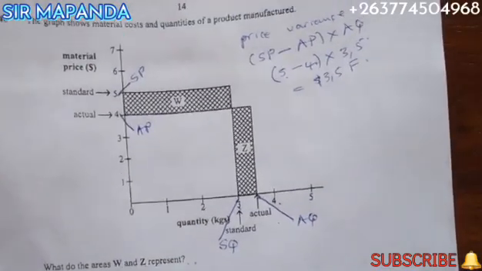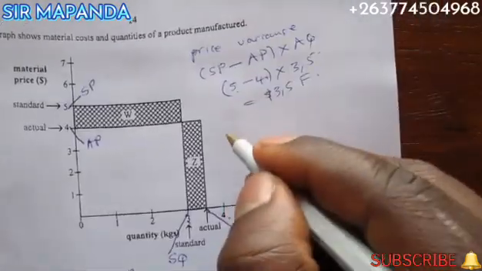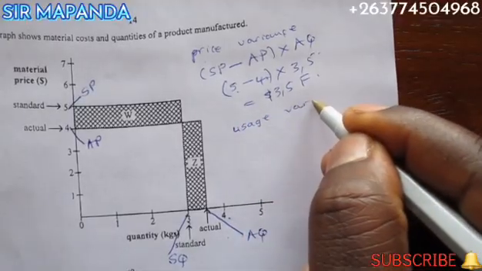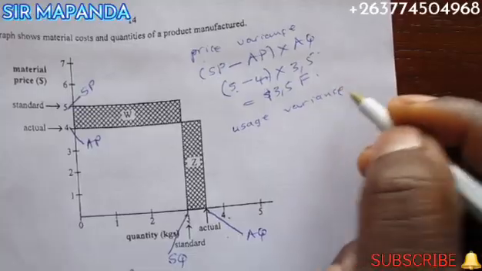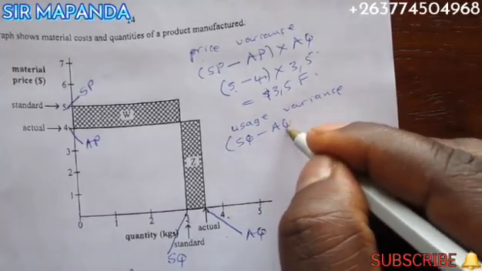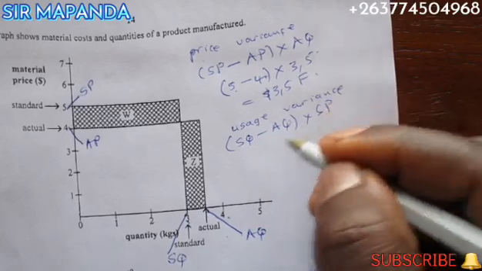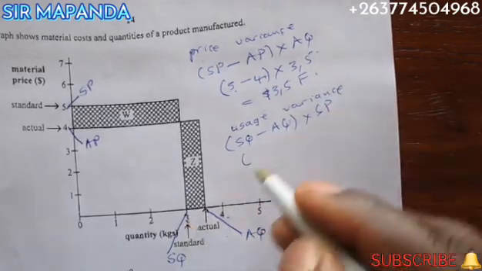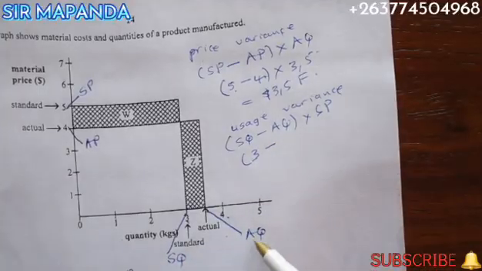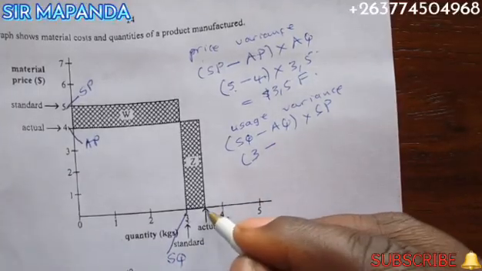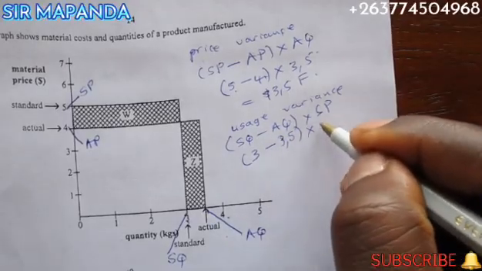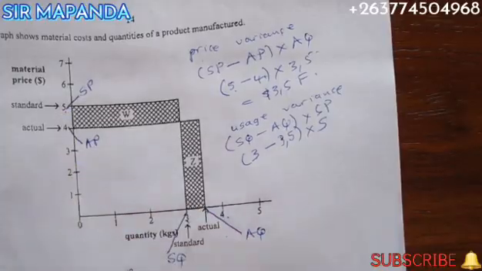Right, we now want to calculate Z. Z is going to be calculated by the usage variance formula. Right, so this is SQ minus AQ times SP. Our SQ is 3, you write 3, minus our AQ is 3.5, so you write 3.5 for AQ. Our SP, this is 5 here.